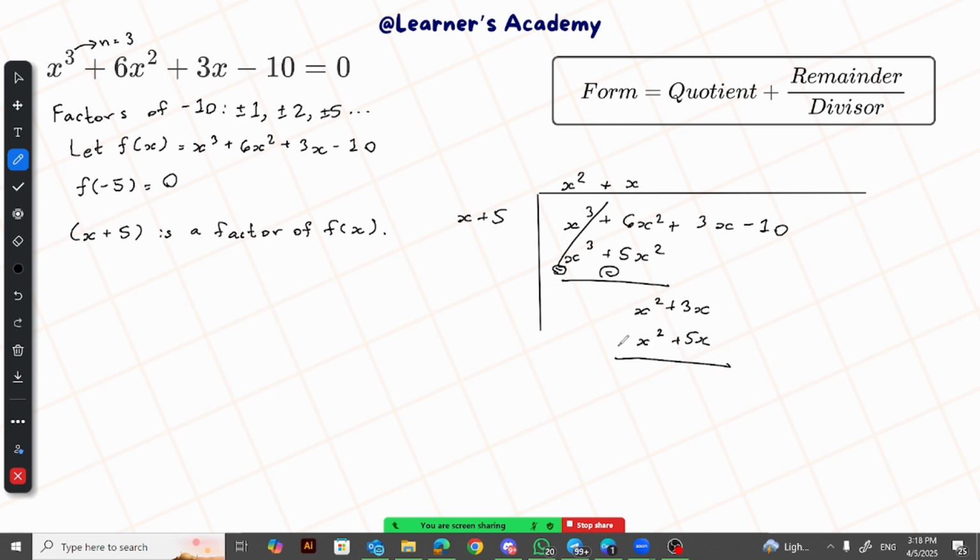If we subtract these two, x squared will get cancelled out, and this results in negative 2x minus 10. And to get negative 2x, we multiply by negative 2, which gives negative 2x minus 10.